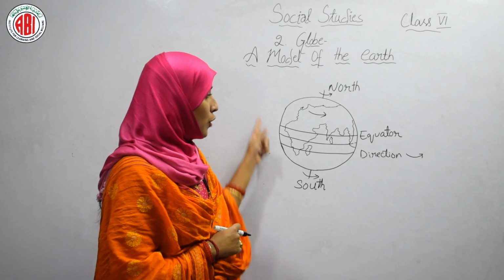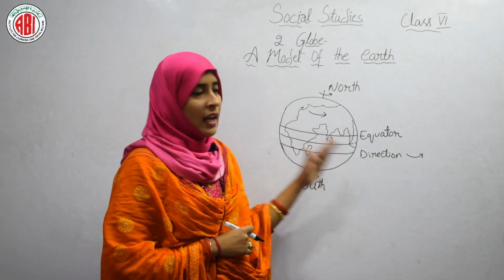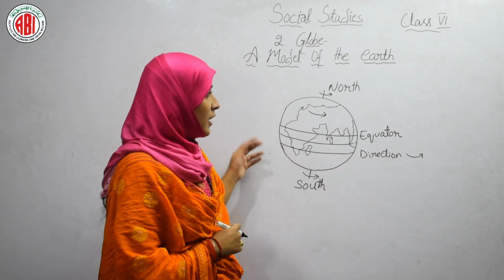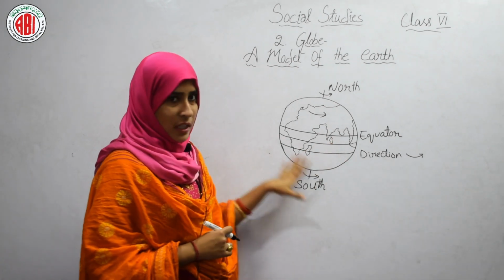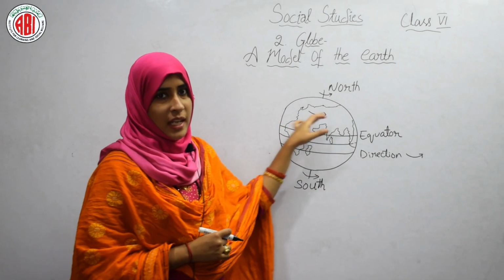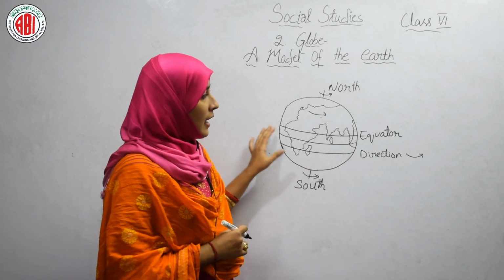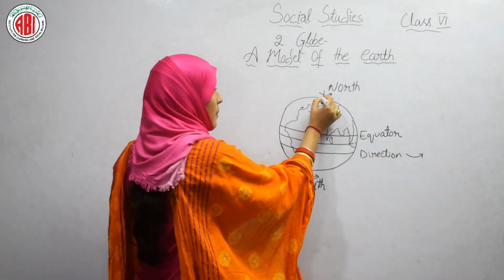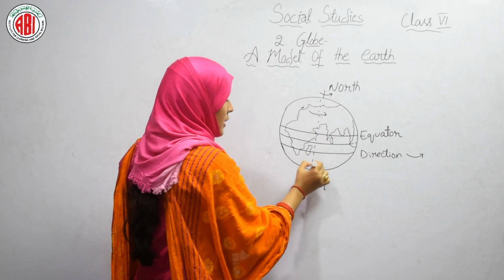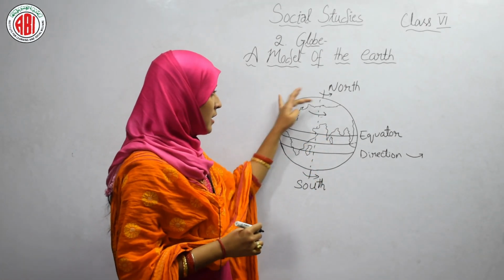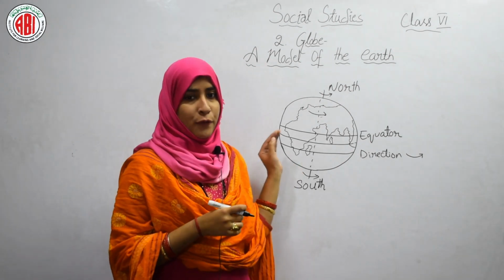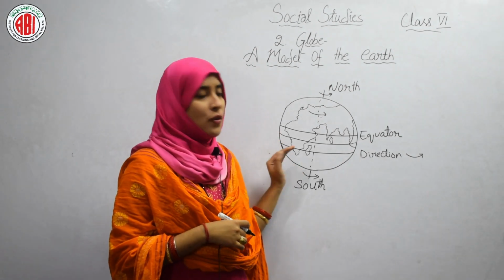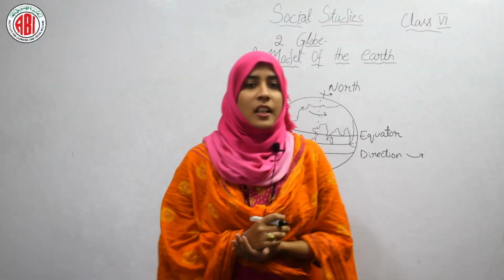When you rotate a globe in this direction, this part is covered with water, and the part where we are living is the land. And when you draw an imaginary line from the northern part to the southern part of the globe, it will form the axis around which the earth rotates.